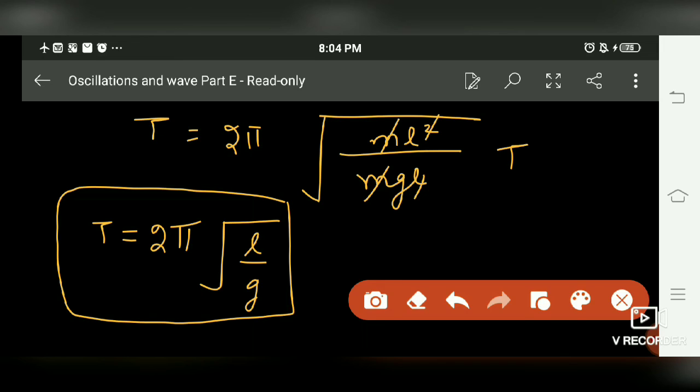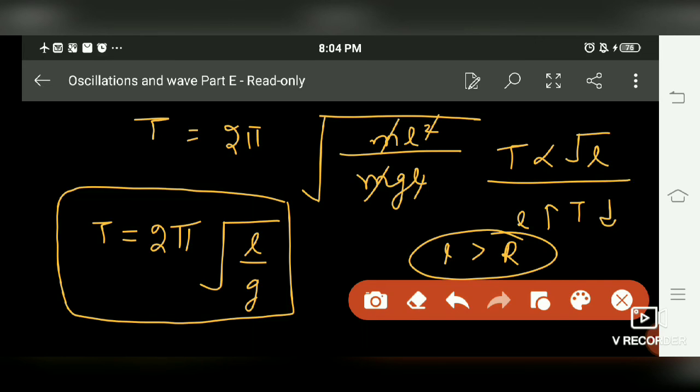As time period is directly proportional to under root of l, it means if length increases, time period increases. At hills and mines, as the length increases, the pendulum clock will start losing time. They will get slow. So that's why at hills pendulum clocks show less time. For L greater than radius of the earth, this formula is not effective.